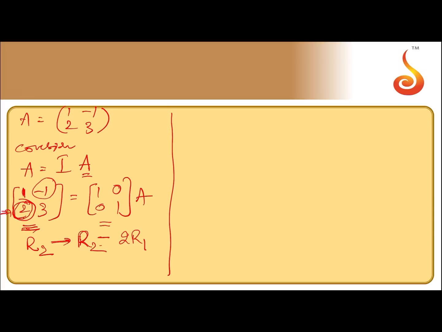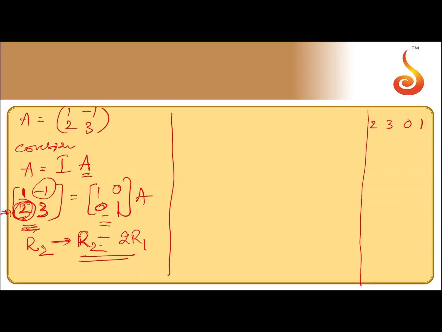As a rough sketch, I will work out the problem here at the corner. R2 means 2, 3, 0, 1. You have to apply this transformation on both the matrices, so on these elements as well as these elements, minus 2 times R1.